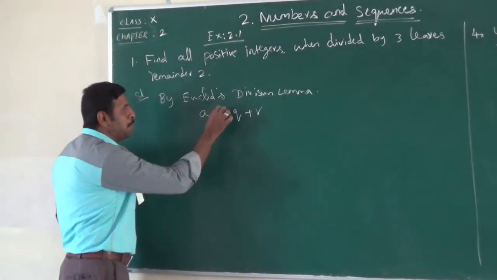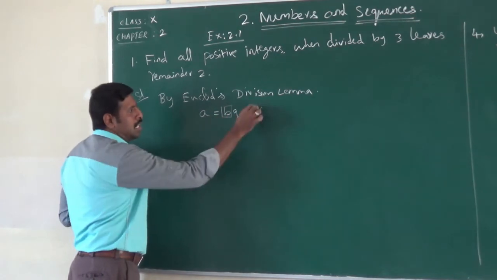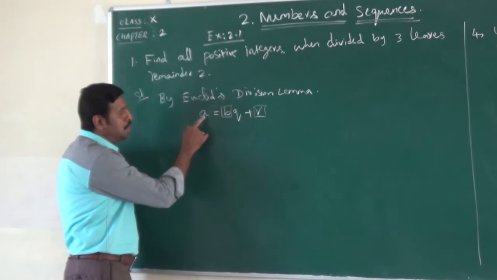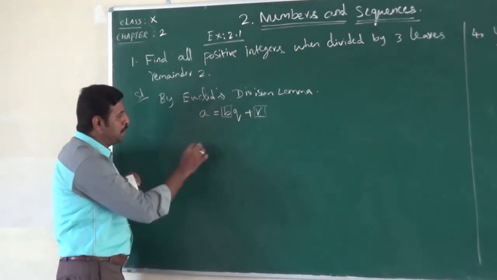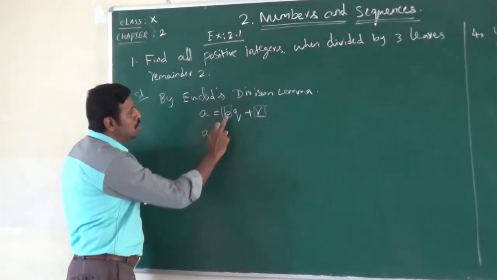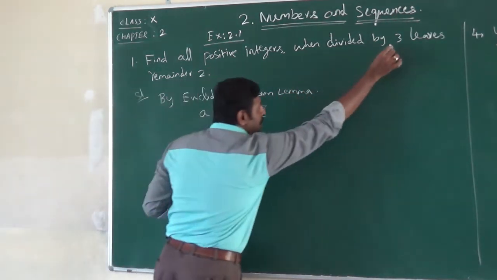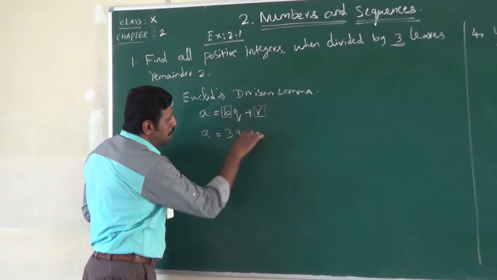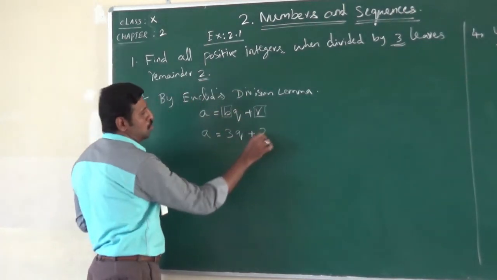We know that B is the divisor and R is the remainder, right? Here we want to find out what the positive integers A are. So A is equal to 3Q plus the remainder 2.